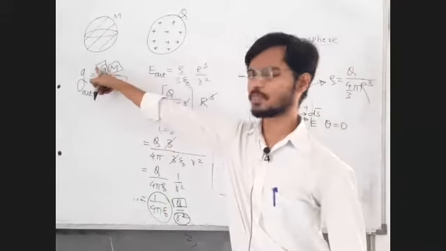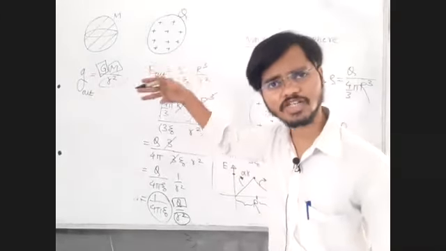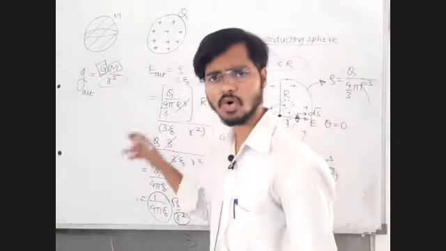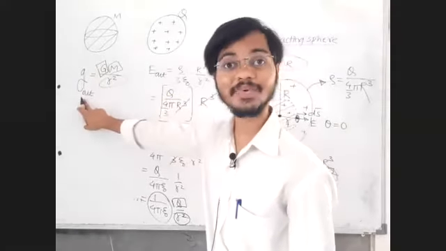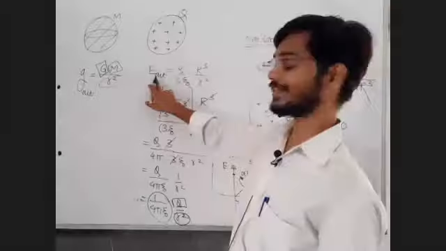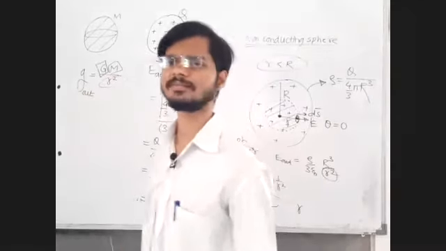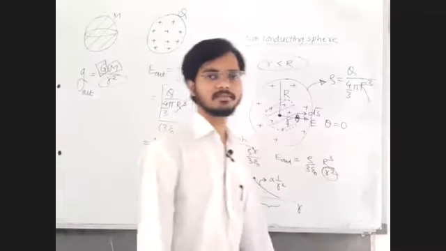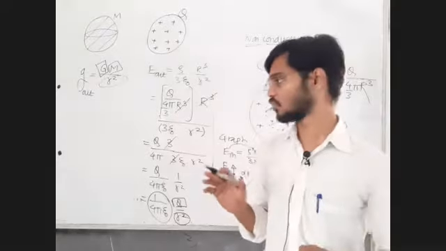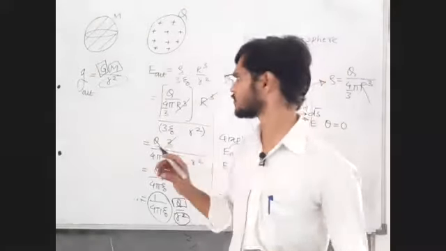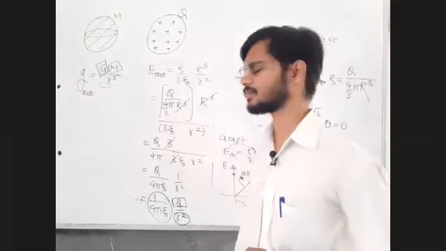This is force per unit mass, acceleration. This is force per unit charge, electric field. It is also called electric field intensity, and therefore people call this gravitational field intensity. You might have come across the term gravitational field intensity, meaning acceleration due to gravity.